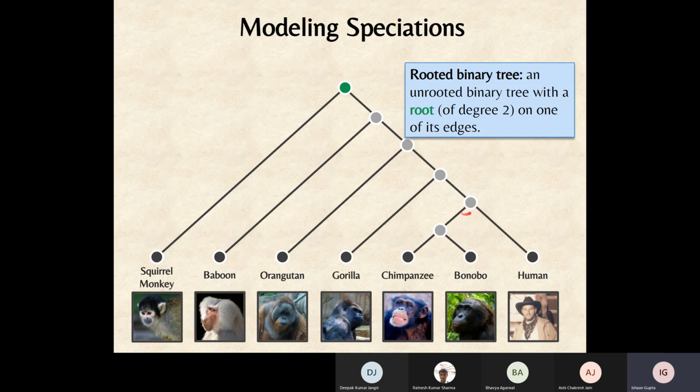Similarly, this represents an ancestral species of monkeys, which later split into a lineage which became humans, and another lineage which finally became chimpanzees and bonobos, right? The idea is that the length from the root and all the internal nodes is exactly the same to all the leaves.